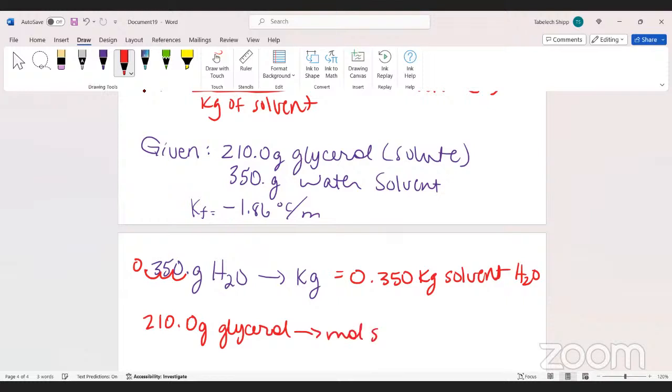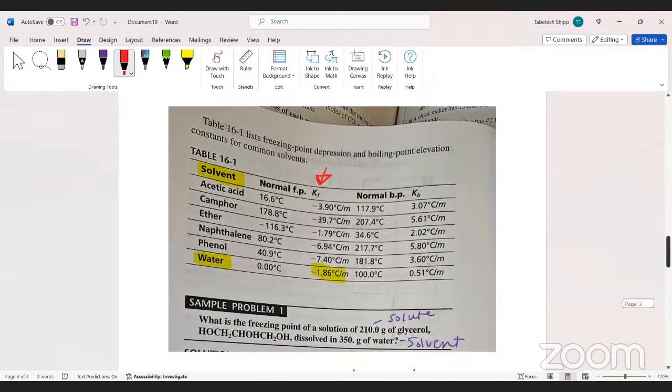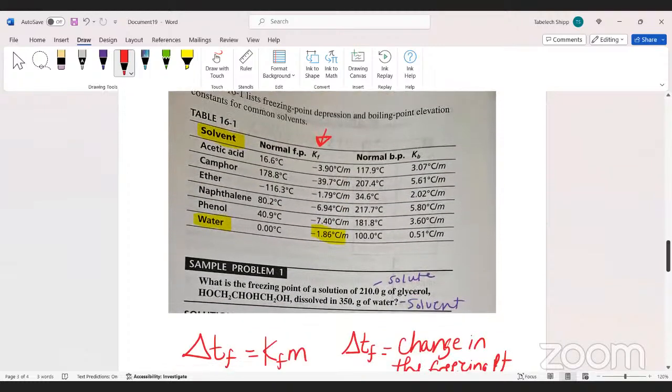Now, if you don't remember, you must have the molar mass of the glycerol. You've got to find the molar mass of your glycerol. Now, remember, this is the formula that they gave us, right here. So you'd have to use your periodic table to find out the molar mass for all of those. So you would add up all of your carbons, hydrogens, and oxygens in this formula for glycerol.